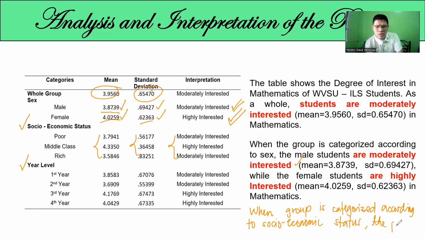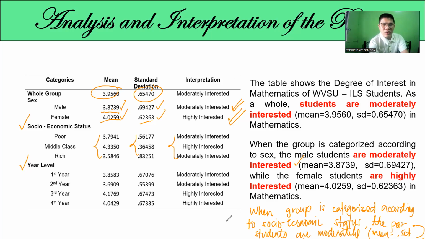The poor students are moderately interested, and then as it goes on, you put the mean equals to, and then SD equals to, and then continue. Meanwhile, the middle class is this. Lastly, the rich are this one. So that's how you interpret your data.